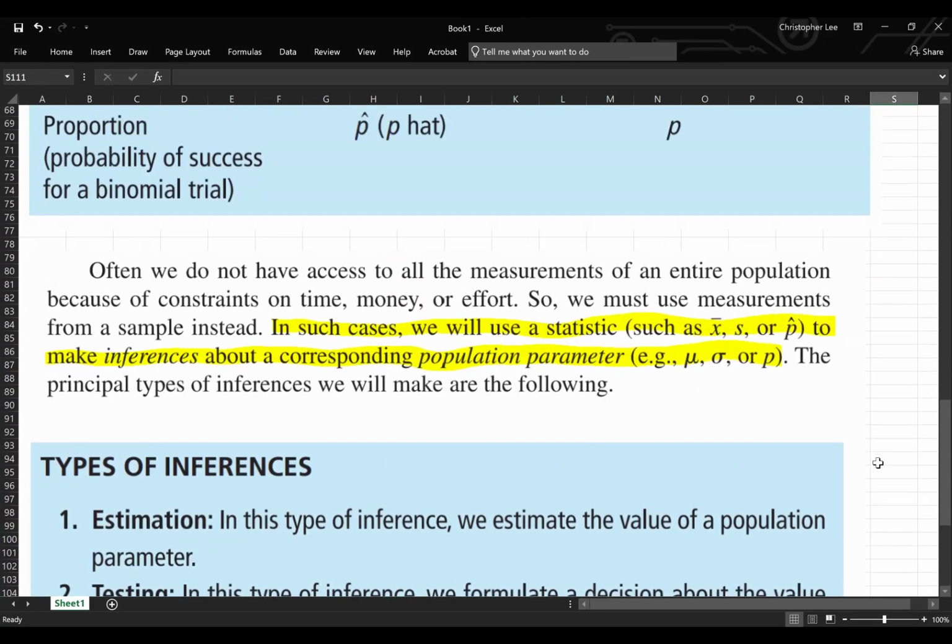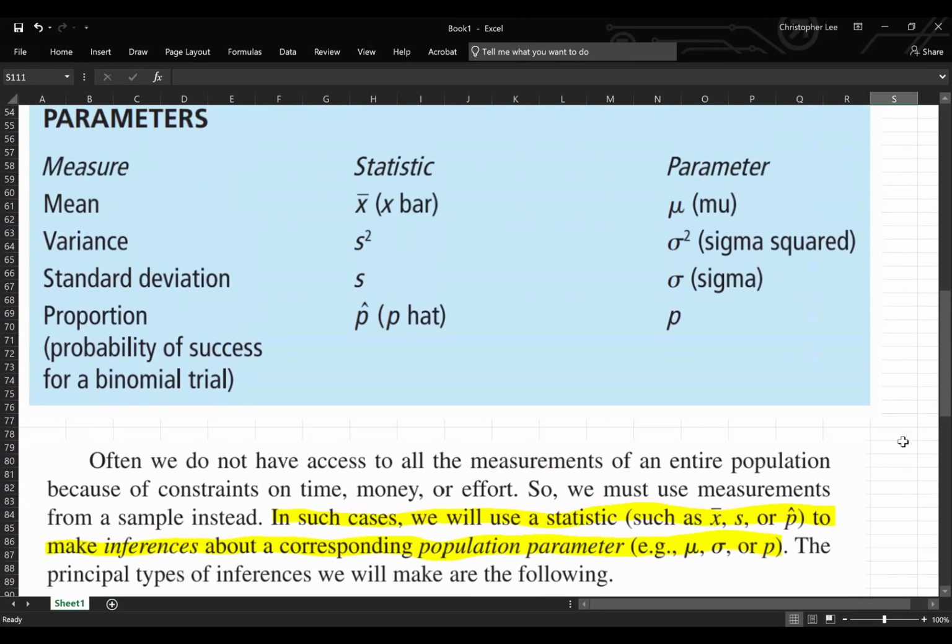All right. So often we do not have access to all the measurements of an entire population because of constraints on time, money, or effort. So we must use measurements from a sample instead, right?